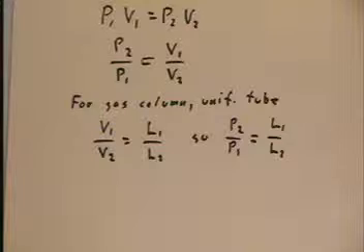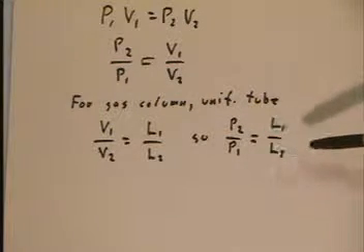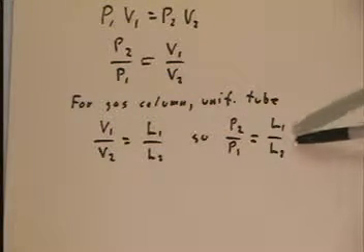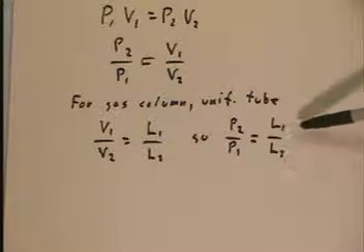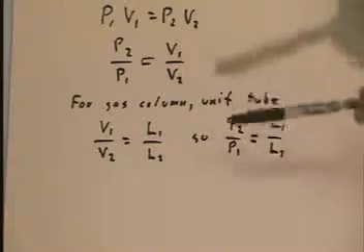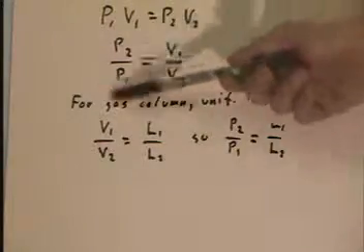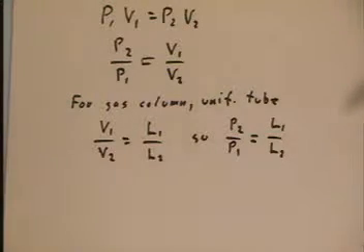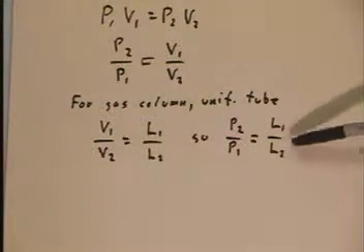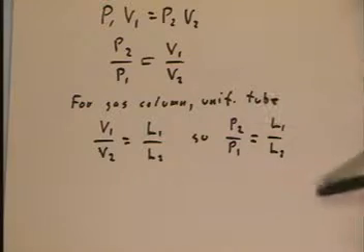As a result, P2 over P1 equals L1 over L2. So P2 over P1 is the ratio of the lengths, and of course that's something that we use in analyzing the experiment.